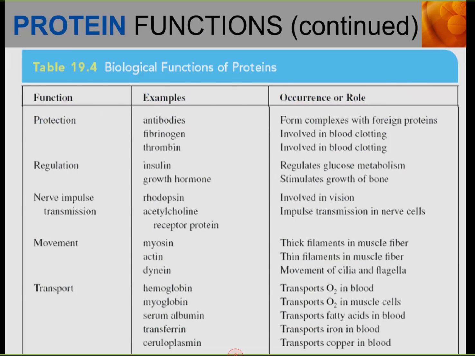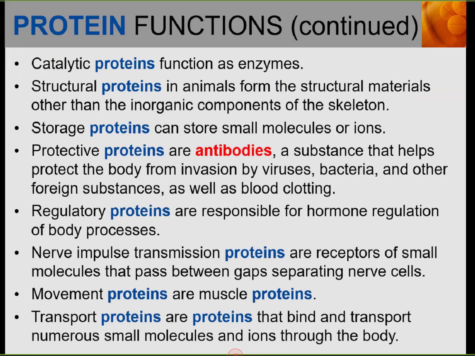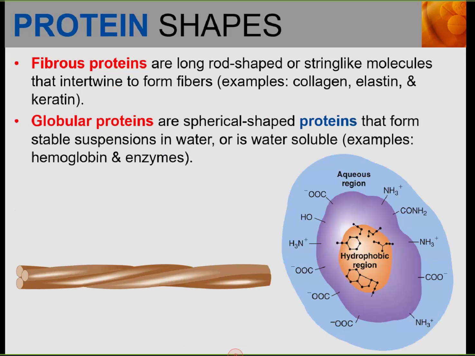We're going to, again, skip all the biomedical. So some proteins exist as long, rod-shaped or string-like molecules. They're fibrous proteins. The globular proteins are spherical.